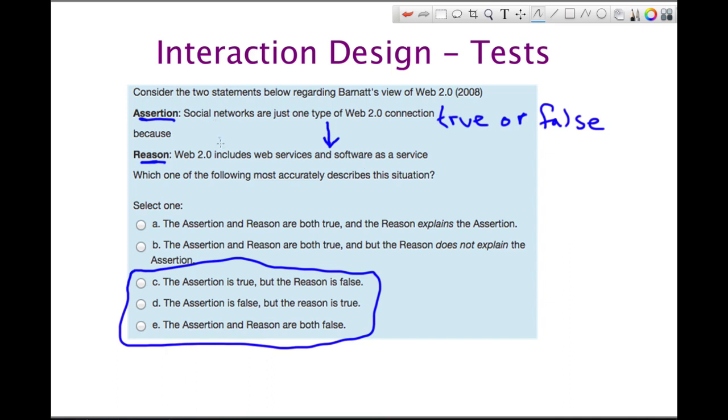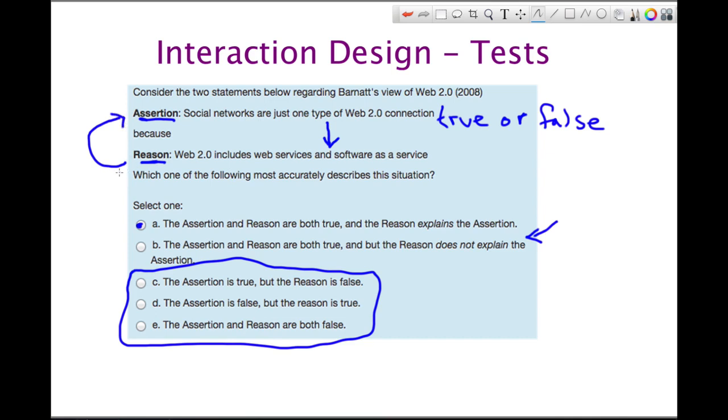Is this statement true because this statement is true? If you think it is, then you answer option A. The reason explains the assertion. Typically, when we write these questions, in order to generate option B, the reason does not explain the assertion, what you might do is reverse the order of the reason and assertion.